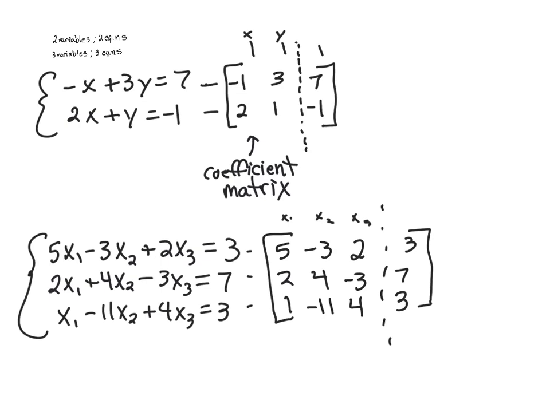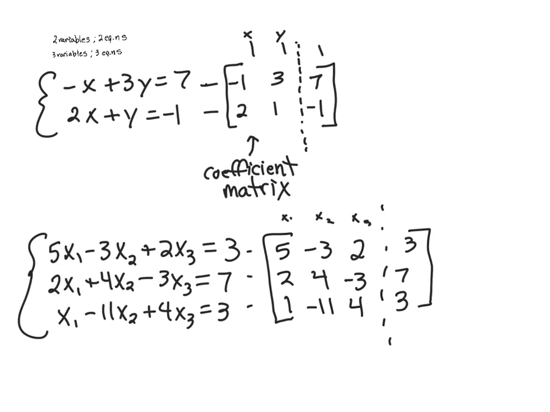Also, most teachers will teach you to get 1s on the diagonal before you do anything else. That means you're going to work the entire problem with fractions. And I know how you love to work with fractions. So my suggestion is you get the 0s first, and then the 1 is easy. It's a simple process to get a 1.